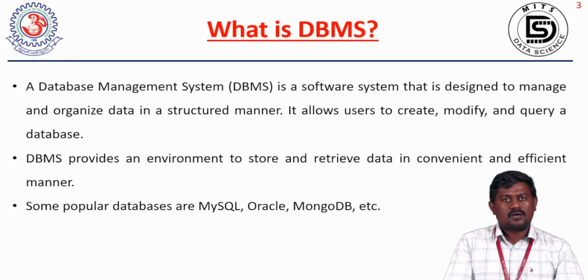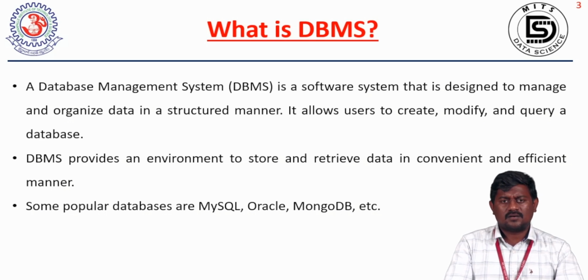Previously the data was stored in a file system. Then some drawbacks were found in the file system, so they started to use DBMS. What drawbacks did they find in the file system? Multiple file formats were being used, and there was data redundancy, security issues, inconsistency, and duplication.